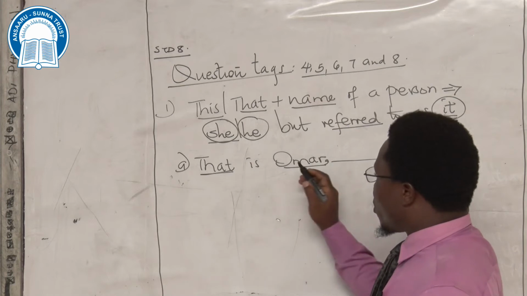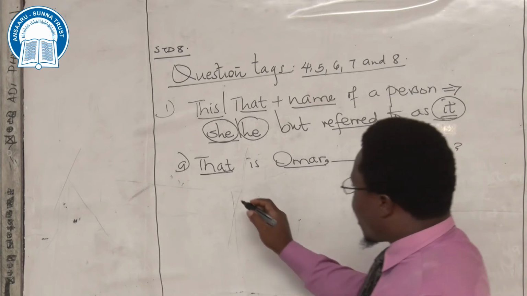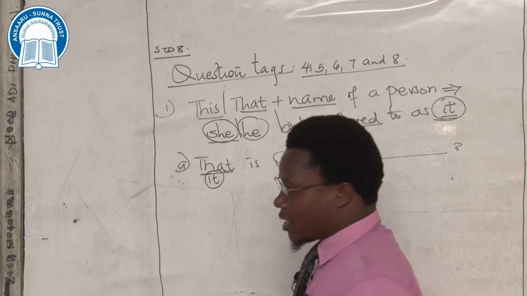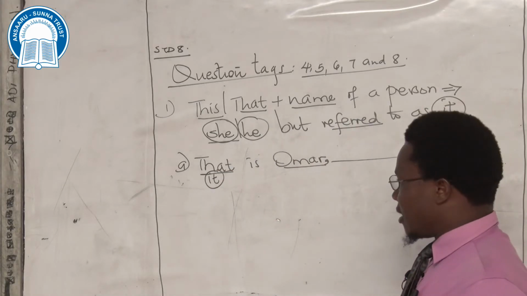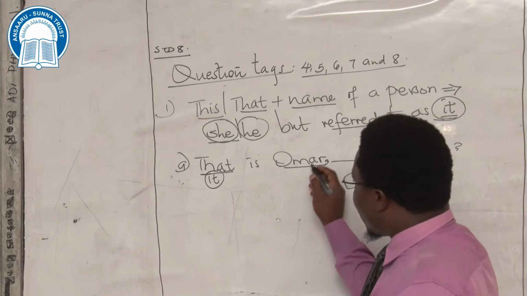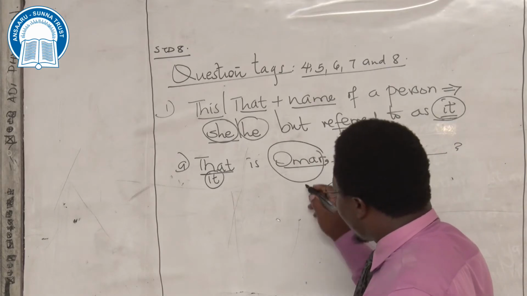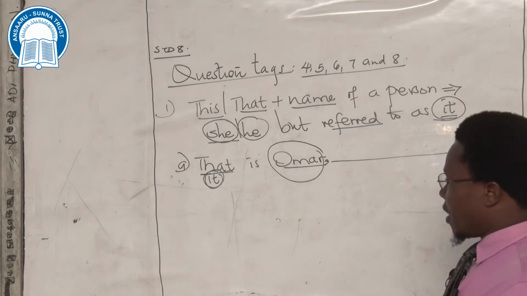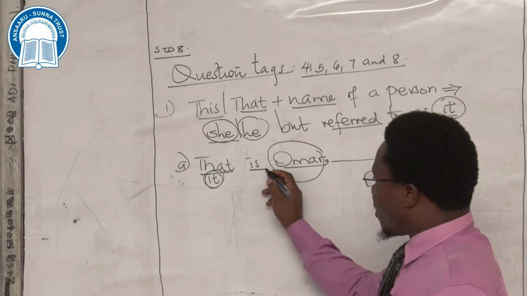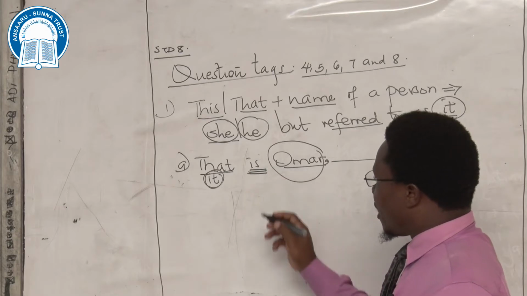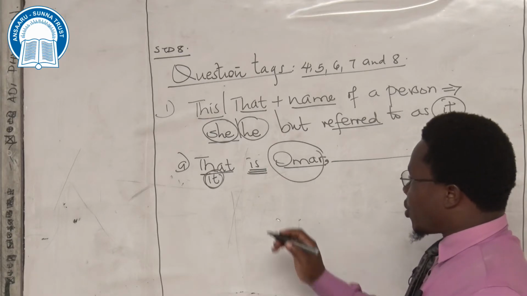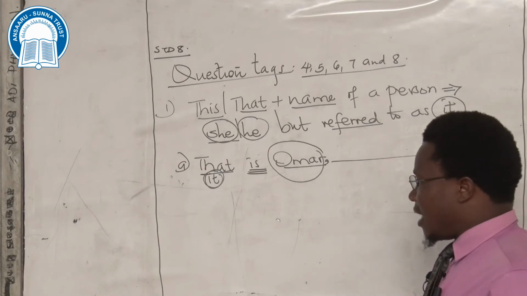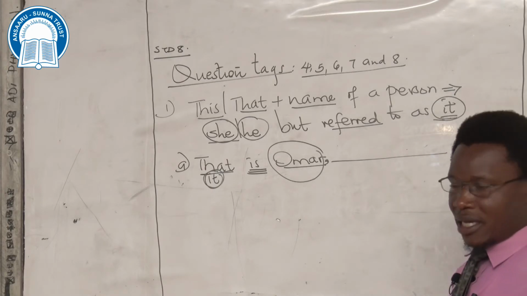So that is Omar. In this case, if I were you, I'll write first of all it before that, to remind me that in this case I will not use he for Omar, but it for Omar. The sentence is positive because of the auxiliary is, and to a positive statement we are entitled to add a negative question tag.